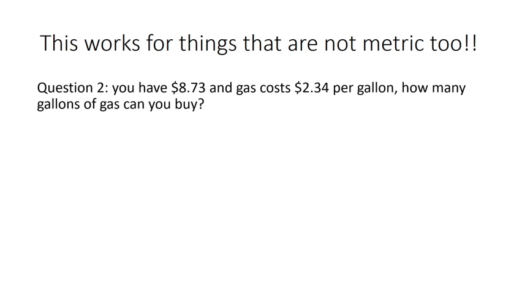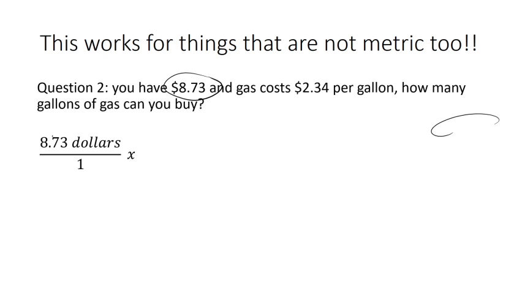So now the question is, if we have $8.73, and gas, as we know, costs $2.34 per gallon, how many gallons of gas can we buy? So again, we're going to start with what we know. We know that we have $8.73.